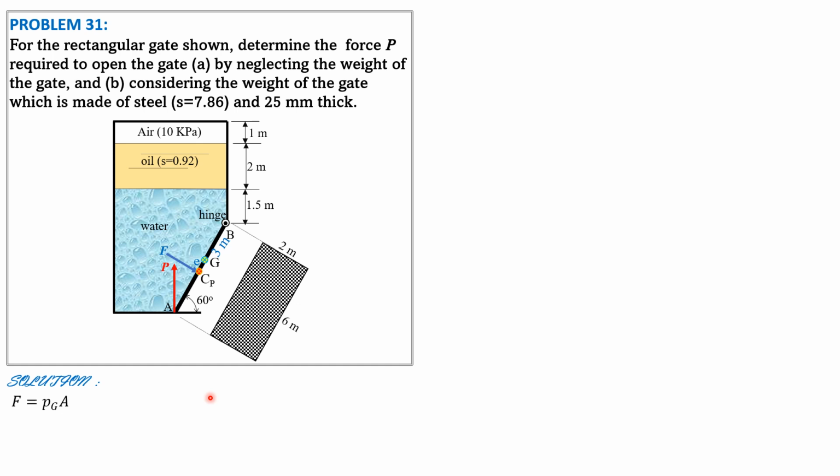So F is pressure at G times area of the gate. The pressure at G, beginning with this point here, is 10 plus 0.92 times 9.81, specific weight of oil, times 2. Then plus we go down farther by, this is water, 1.5 plus this vertical distance to point G, which is 3 sine 60.